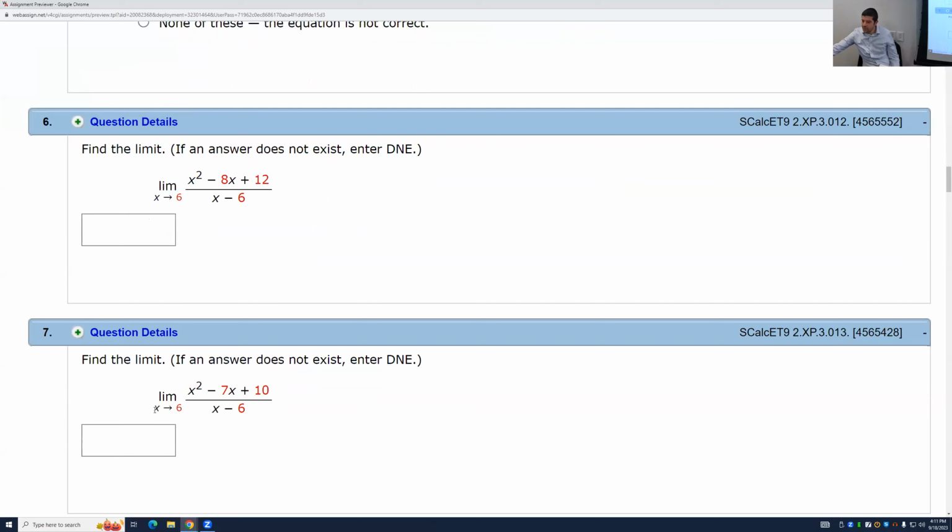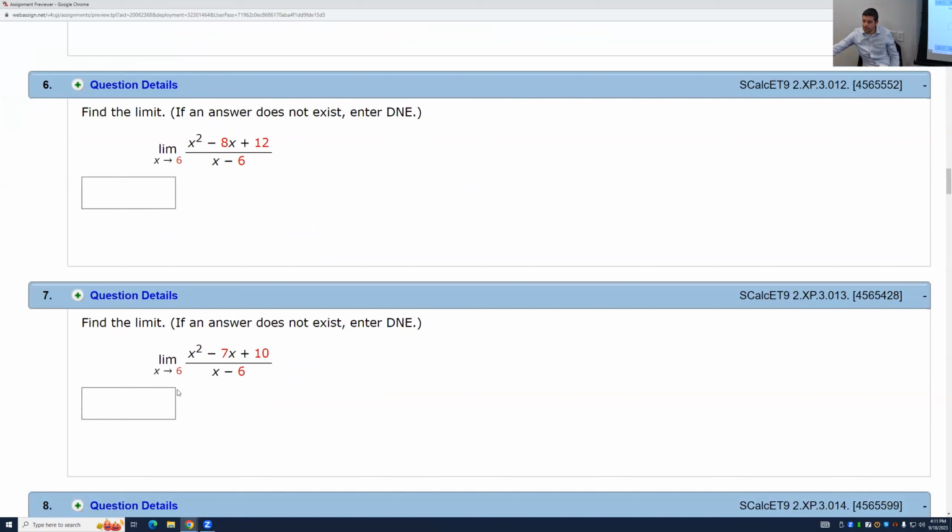Eventually they'll get to limit of 0 over 0. Yeah, so numbers 6 and 7 are like the 0 over 0. So try number 6 and 7. Your numbers might be different, so you could actually open up yours. Or if you don't have yours, you could just do mine, but then you'll have to tweak yours.